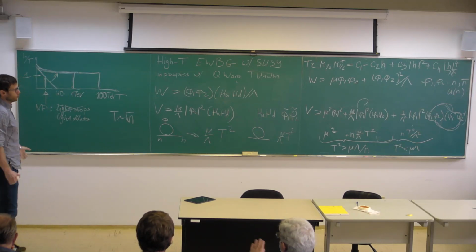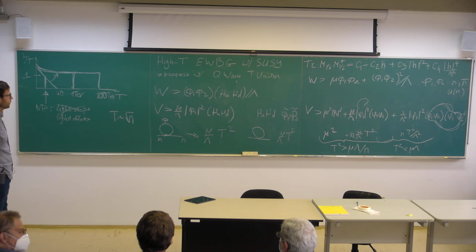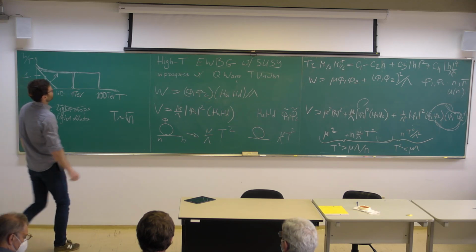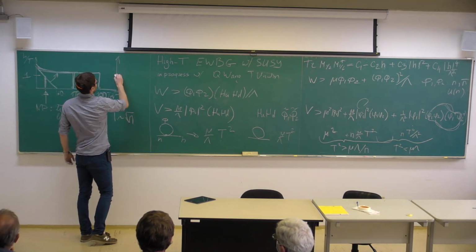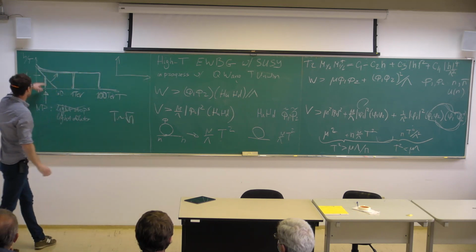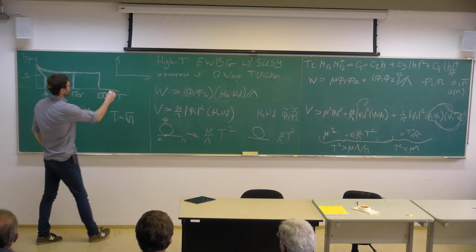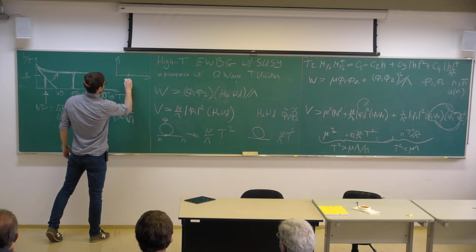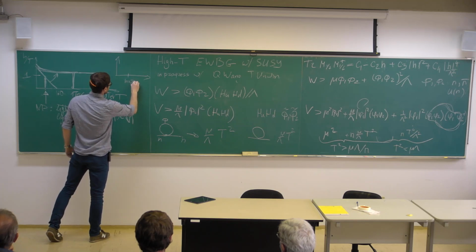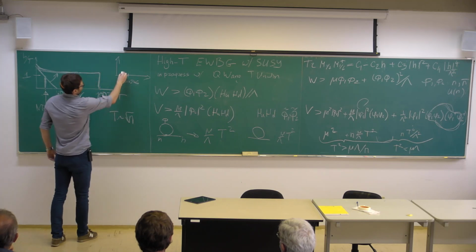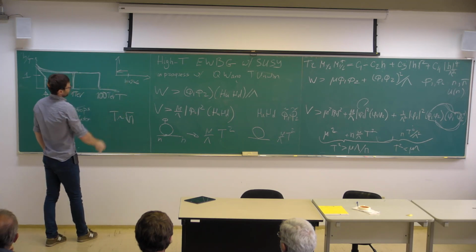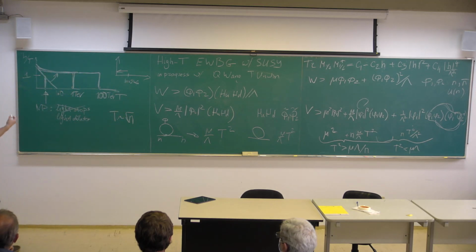If you just add higher dimensional operators, what's important here is the interactions between H equals 246, and here the top brings you to zero Higgs value eventually.